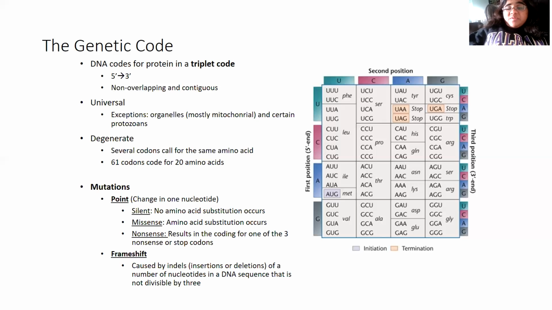Then there are frameshifts, where inserting or deleting a certain number of nucleotides ends up with a complete change in the amino acid sequence itself. So the number of nucleotides is typically not divisible by 3 in that case. It kind of just shifts everything, right? It either shifts it down or shifts it up. It kind of just changes depending on the case.